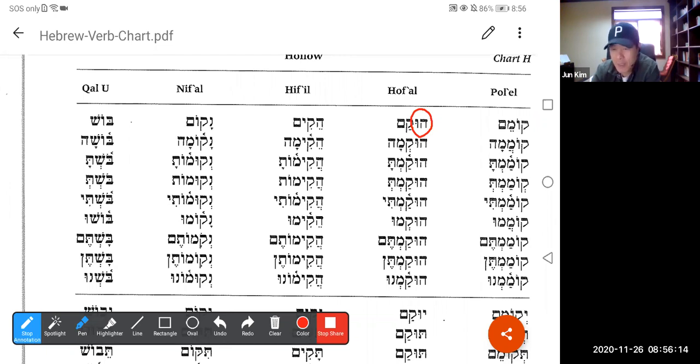Generally speaking, if you think there is a missing letter in the middle, it should be either holem, shurek or hireq yod. And by adding those in the component, if you still cannot recognize the root letter, then it's possibly a geminate verb. Is that clear? So let's just do it that way.